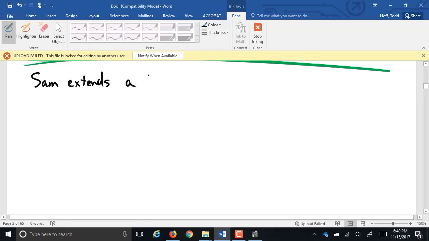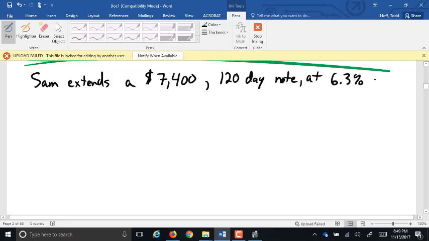Sam extends a $7,400 120-day note at 6.3% to Stevie on day 43.